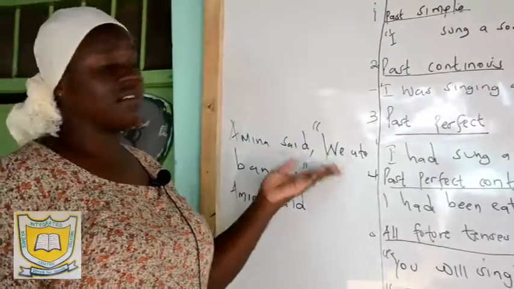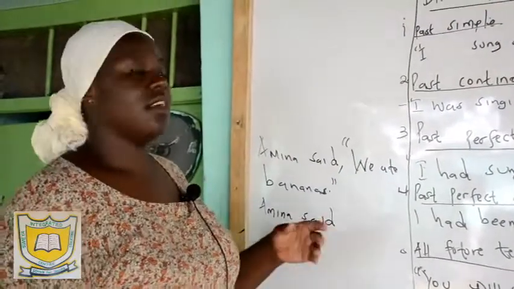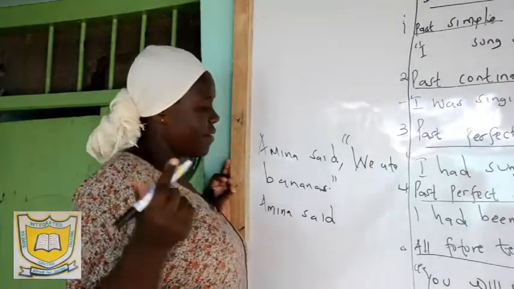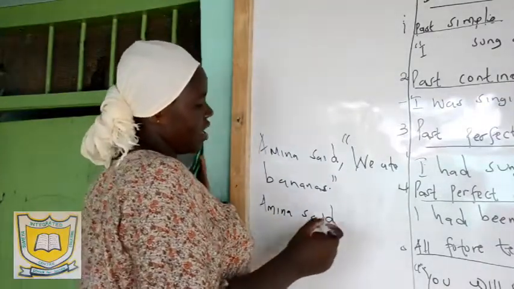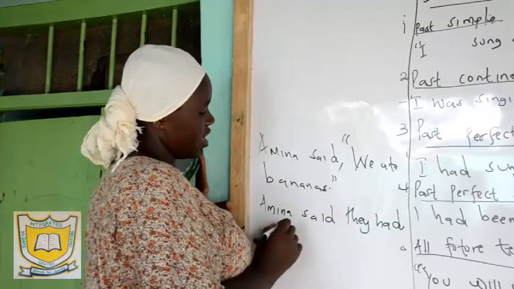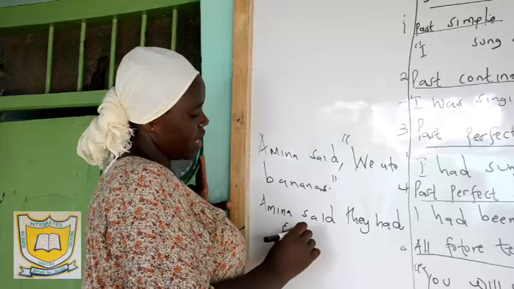We ate bananas is the past simple tense. If you are changing the past simple tense to indirect speech, it changes to the past perfect. For example, Amina said they had eaten bananas.